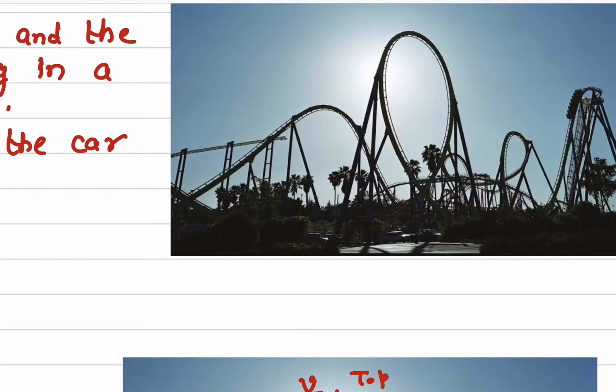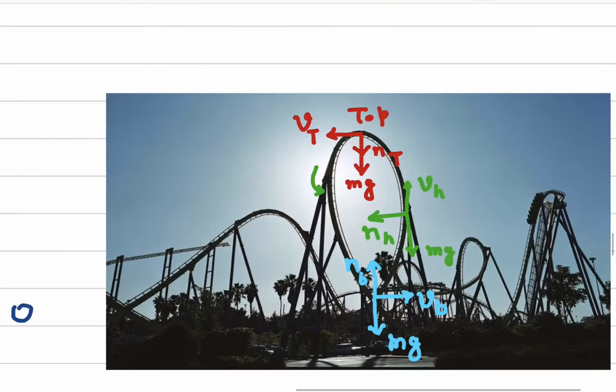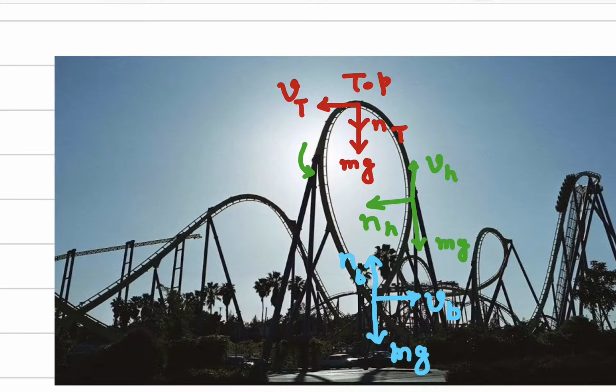We're going to calculate. First thing, we're going to start at the top. So let's draw the free body diagram at the top. Here we are assuming the roller coaster is moving this way, the counterclockwise motion. The velocity at this point is tangential, which is shown by this arrow.